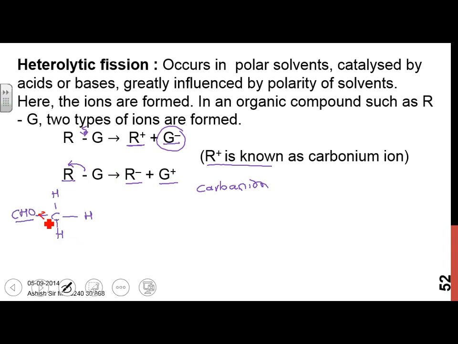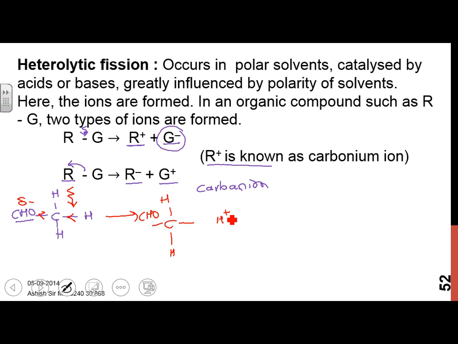Normally CHO pulls electrons from carbon, and in return carbon pulls electrons from hydrogen, as we have learnt in the inductive effect. So when, due to a certain reason, this bond is broken... I'm sorry, here there is a hydrogen, here we have CH2.